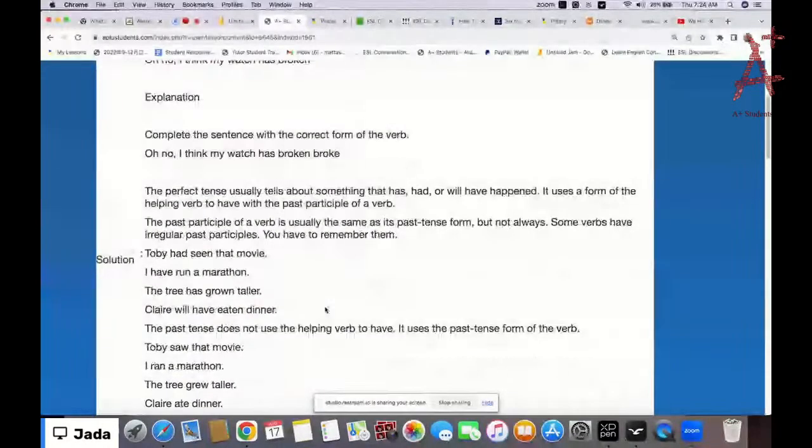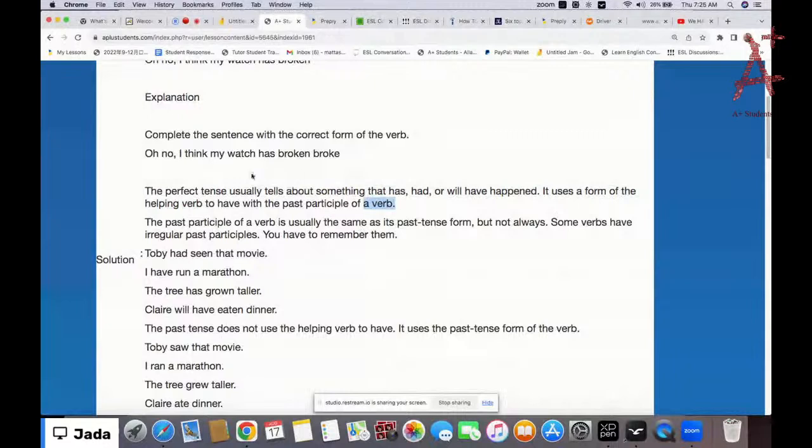Now, the perfect tense usually tells about something that has happened or will have happened. That's the perfect tense. It uses a form of the helping verb to have with the past participle of a verb.